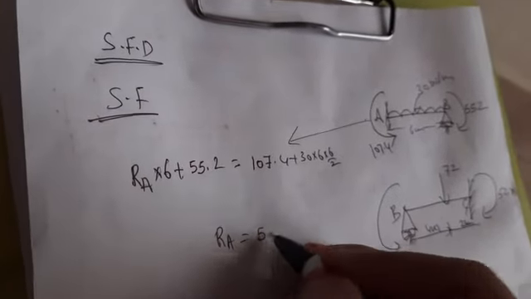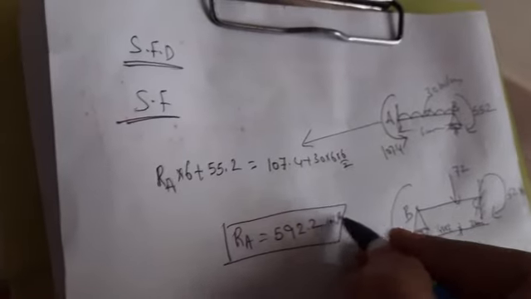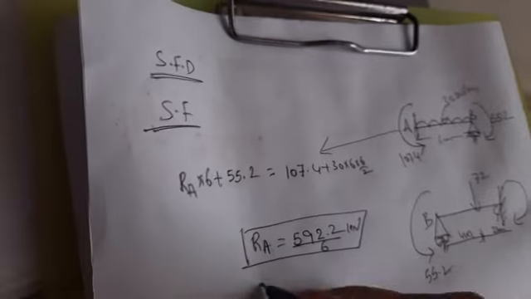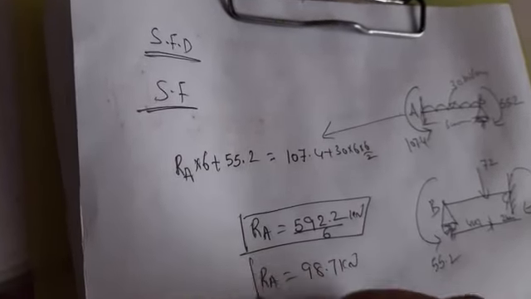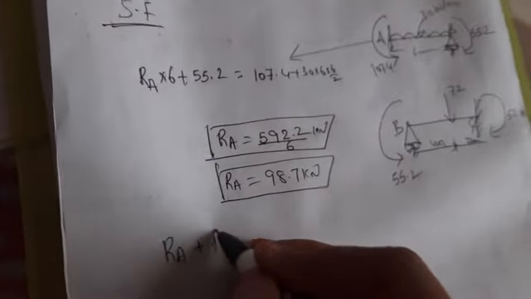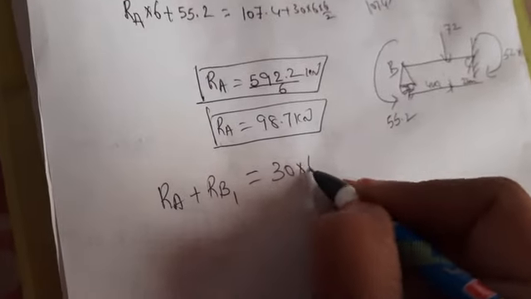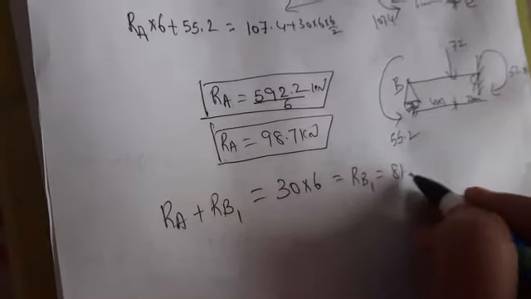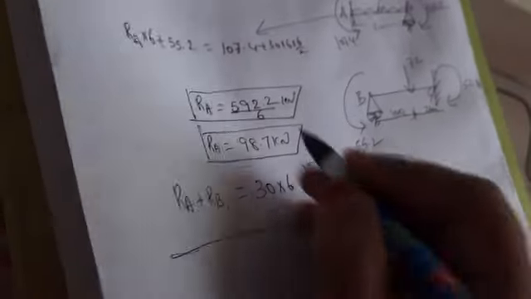This RA value is 592.2 kilonewtons. Next, 592.2 divided by 6, then RA equals 98.7 kilonewtons. Then RA plus RB1 equals 30 load into 6, so RB1 is 81.3 kilonewtons. This is for beam AB.